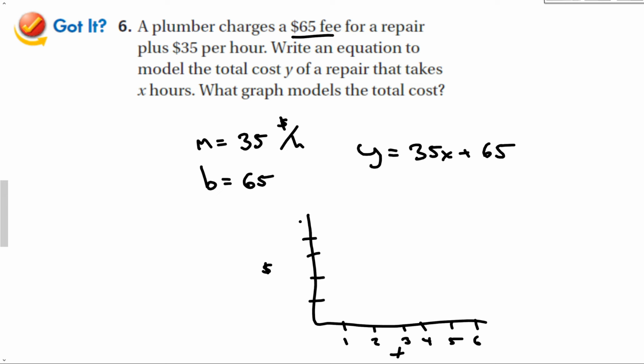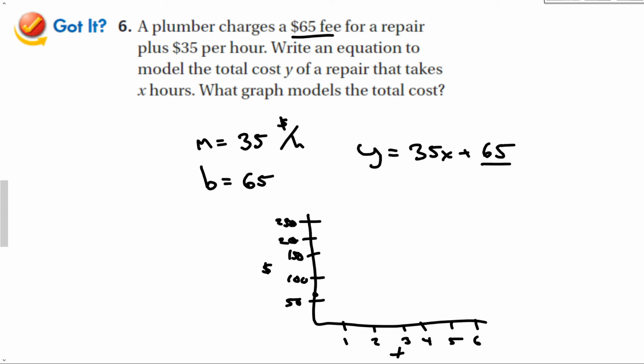We're not going to go by ones because we're charging $35 an hour, so this graph would be very steep if we did. So let's go by 50s: 150, 200, 250. Okay? It's not as clean as our pre-rendered graph here, but we're going to start at $65. And then we are going to go up at a slope of 35.